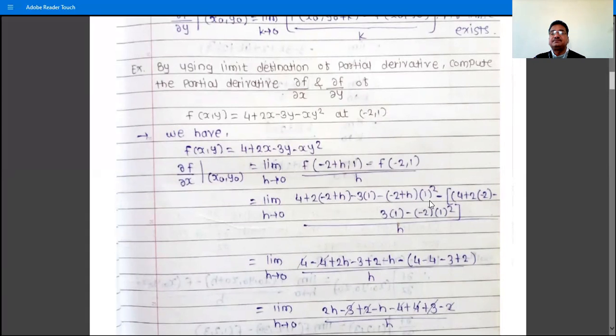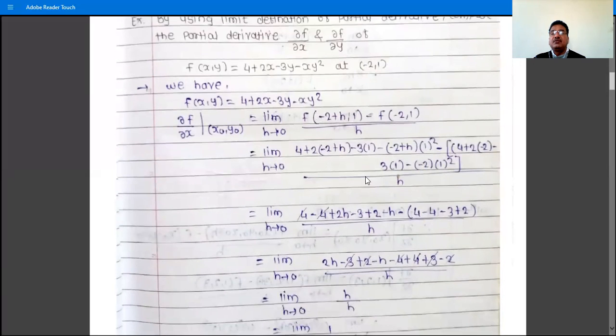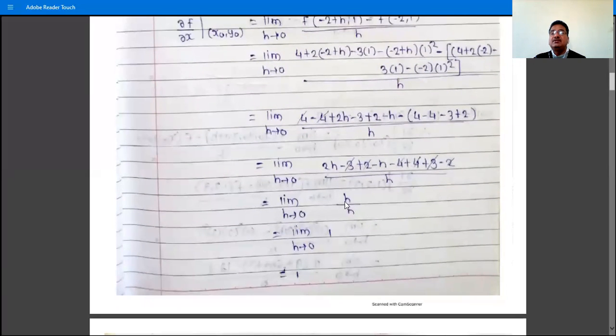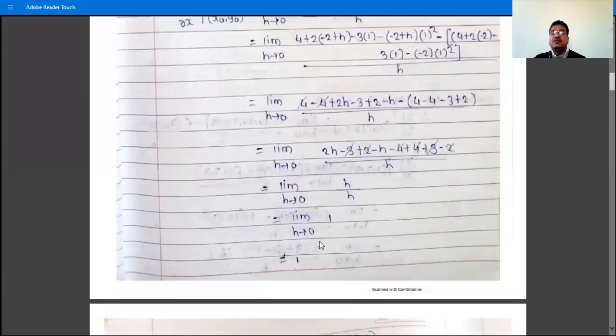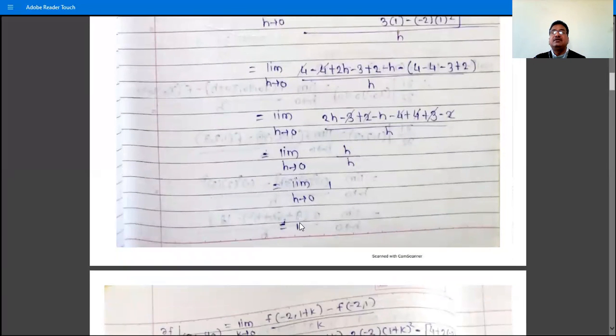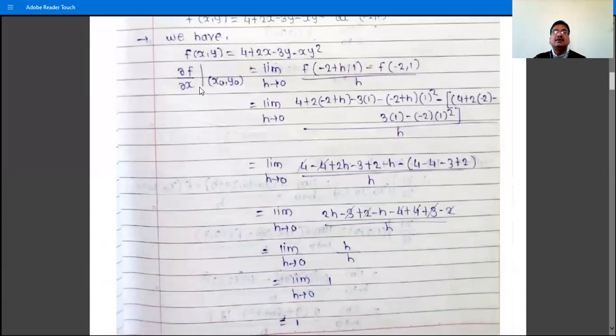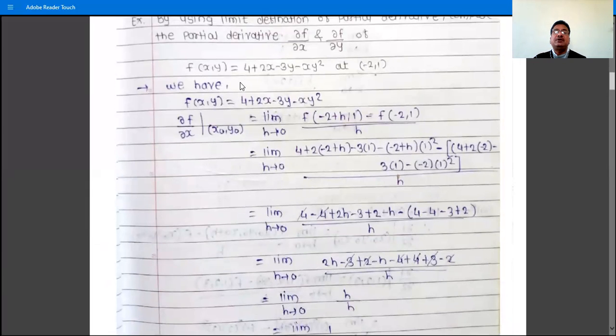We have this. And how can we find f of (-2, 1)? Substitute x as -2 and y as 1. We have this. After calculation, we have h by h, that is 1, and so the limit of 1 is 1. So this is the partial derivative with respect to x of this function at (-2, 1).